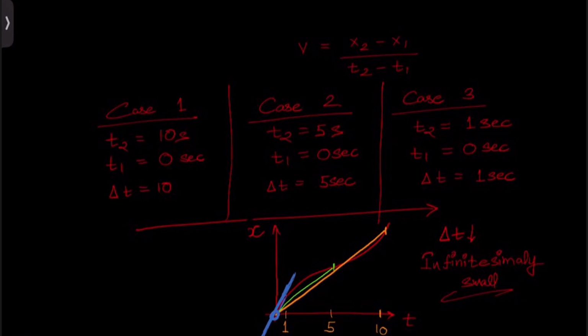If the amount of delta t is very high, it cannot tell you with exact clarity what the slope is at a particular location. To get the slope at a particular location, you need to decrease the value of delta t to a very small extent.